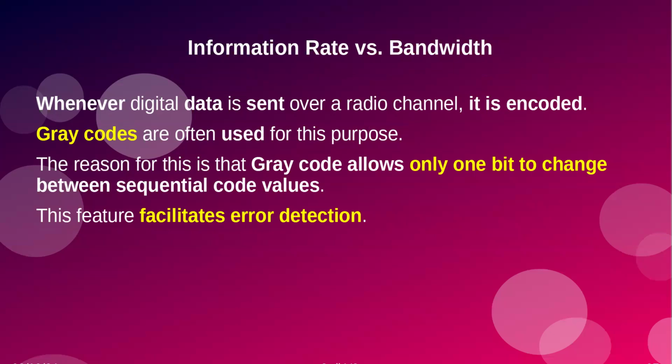Whereas if you do a normal binary count, you can have 2 or 3 digits change state at the same time to represent the difference between a 3 and a 4, for instance. So it helps facilitate error detection because you're only expecting one bit to change in the pattern. So if you get more than that, you think it's an error.